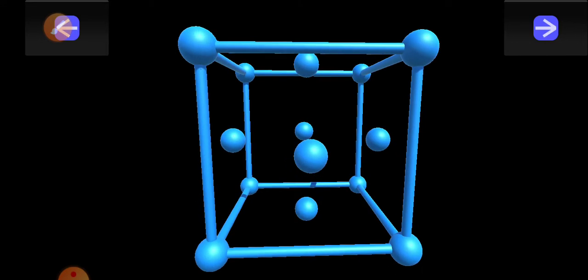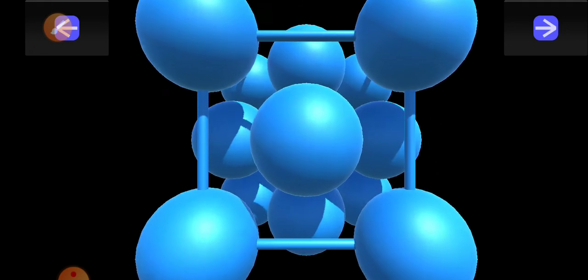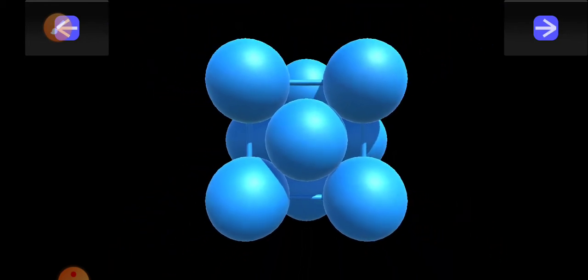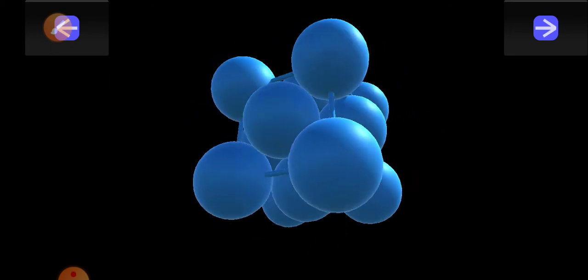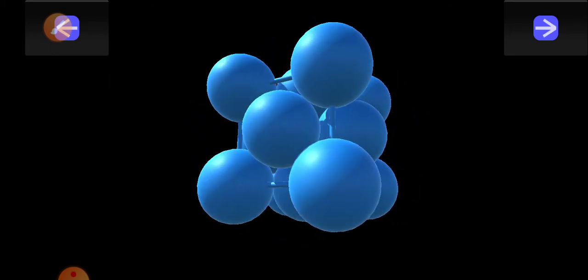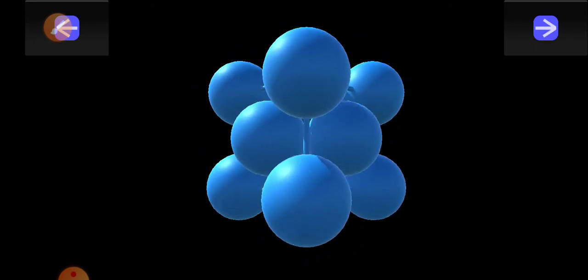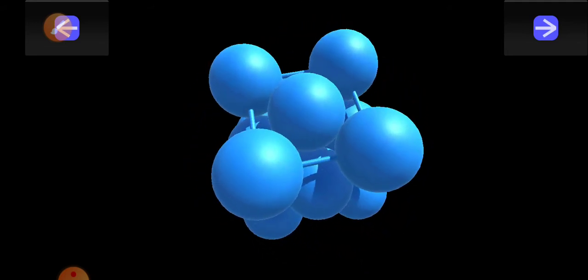So let us see what happens if we try to see the actual picture of a face-centered cubic unit cell. So that is the actual picture of a face-centered cubic unit cell, where you can clearly see the 8 corner atoms and the 6 face-centered atoms.